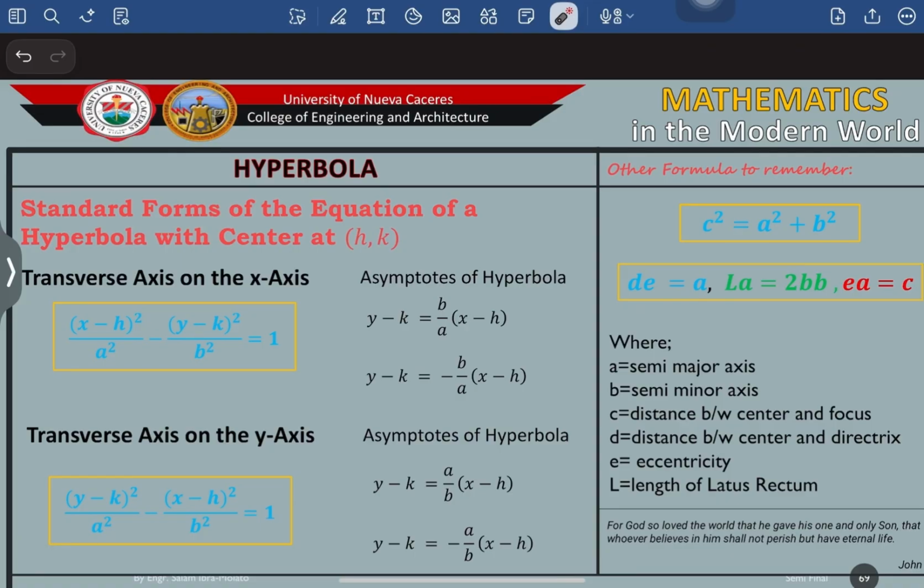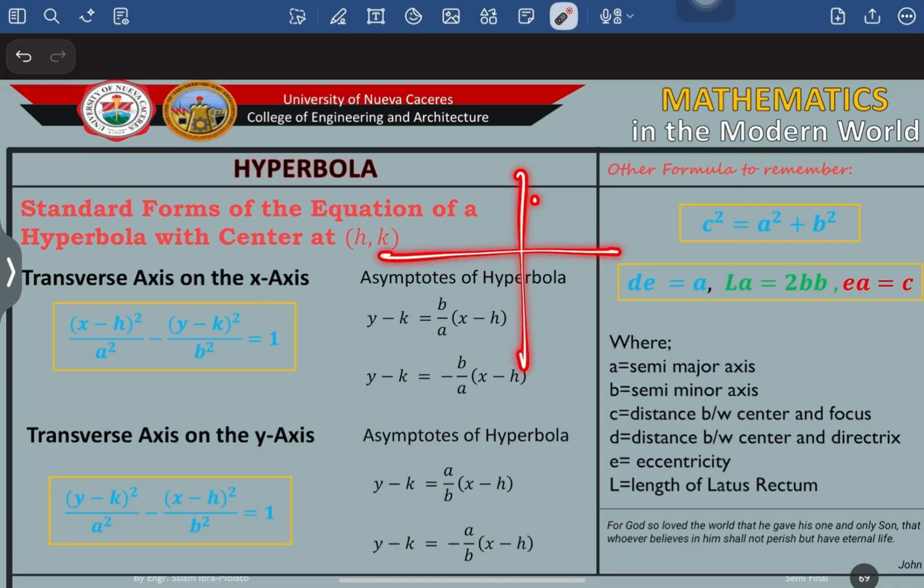Then, this one is the standard forms of the equation of a hyperbola with center at (h, k). So, hindi na sa origin class. Again, pagka positive yung x dito, it opens horizontally yung hyperbola natin. Pero pinagkaiba lang, yung center niya is not at the origin.